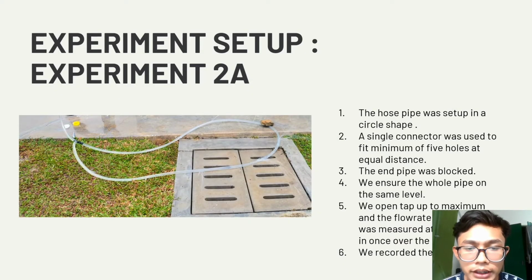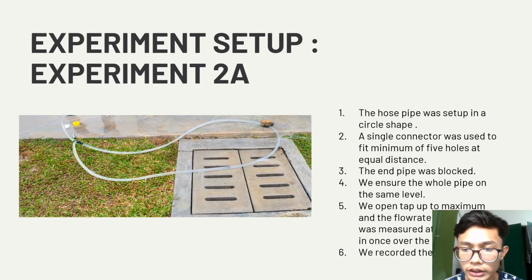Experiment setup for experiment 2A. First, the hose pipe was set up in a circle shape. Second, a single connector was used to fit a minimum of 5 holes at equal distance, so we need to rearrange the hose at equal distance. Third, the end of the pipe was blocked.